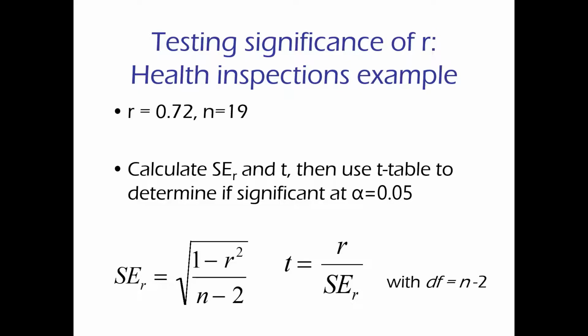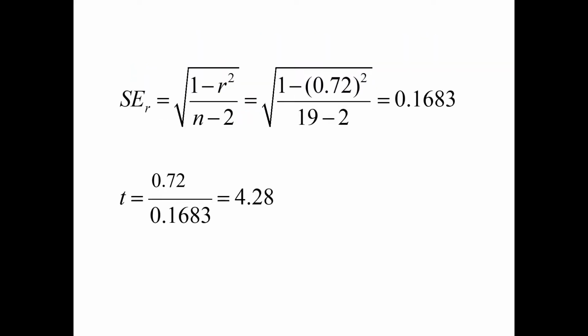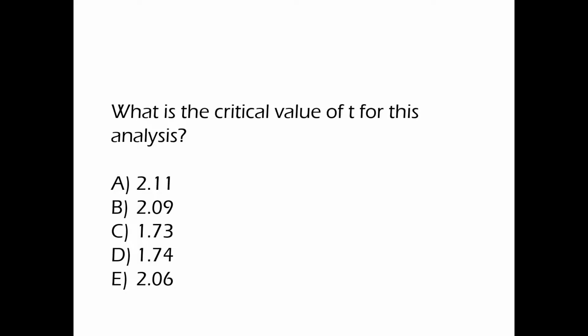You can pause and do the calculation on your side. When you're done, you can continue playing. So here, the calculated standard error of R is 0.1683, and the calculated t value is 4.28.